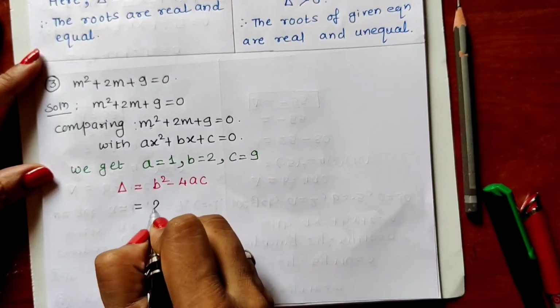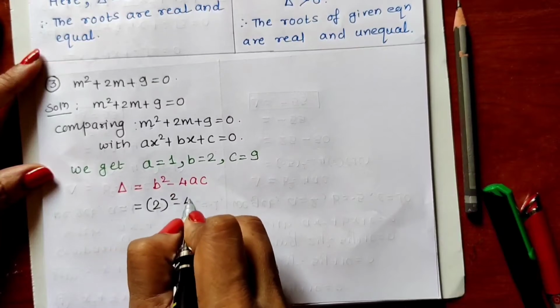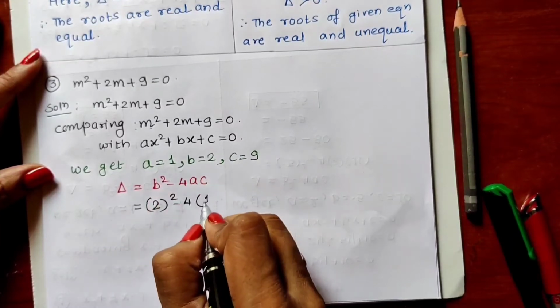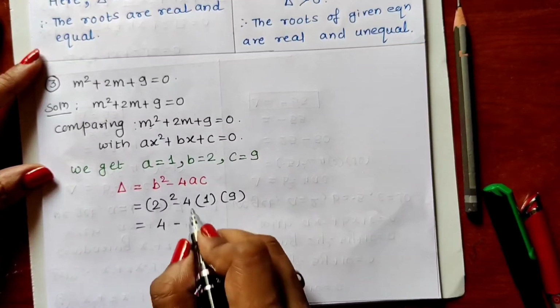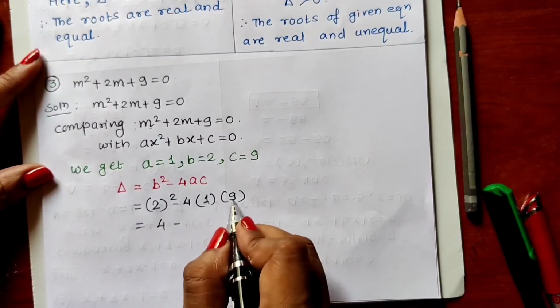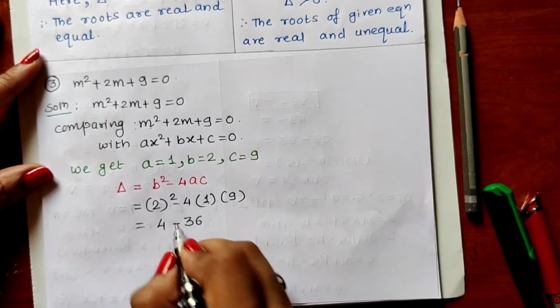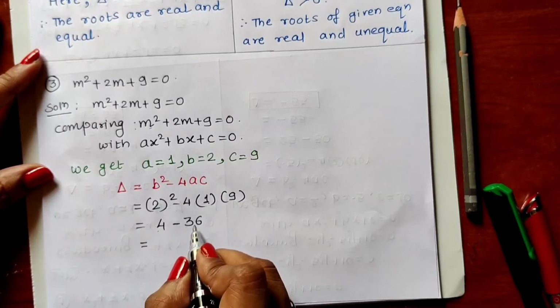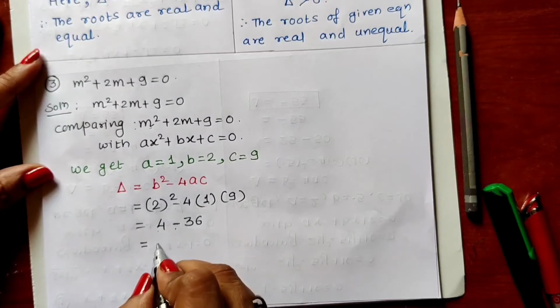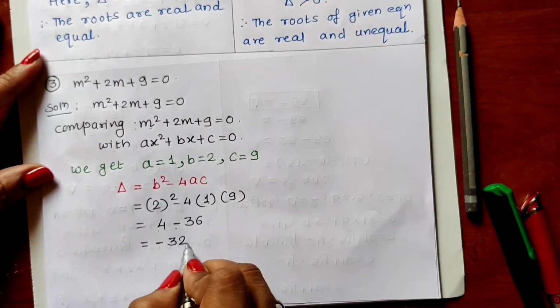B square means 2 square minus 4, a means 1, c means 9. Now 2 square is 4. 4 ones are 4, 4 nines are 36. Correct. So plus 4 minus 36, plus minus minus, but sign of bigger number. 36 is bigger, whose sign is minus. So answer is minus 32.